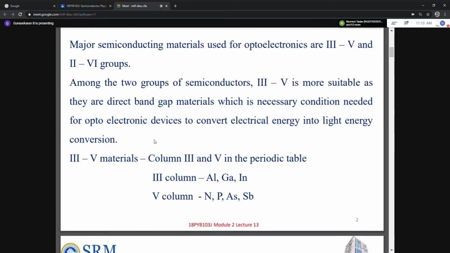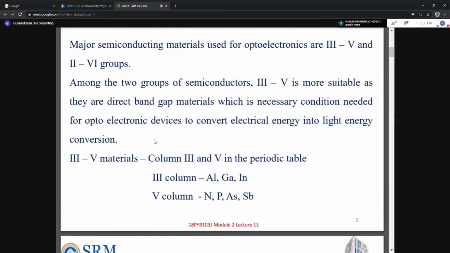In the periodic table, you can see what type of materials they use for optoelectronic devices, which convert electrical energy into light energy.